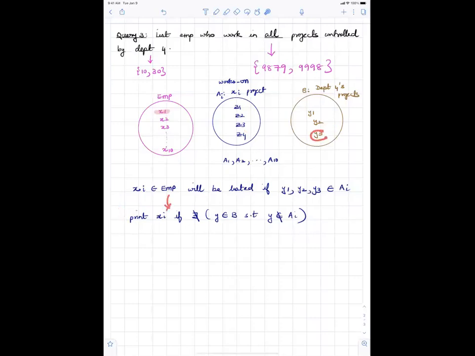For example, if y1 is here and y1 is not here, so there is no y1 on this part, then that should not happen. I'm going to assume everyone understood this statement, because I'm going to convert it into SQL.